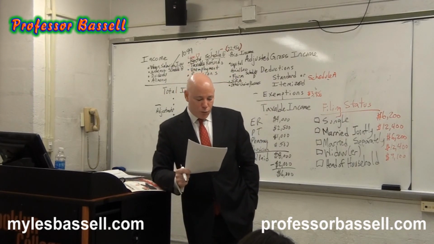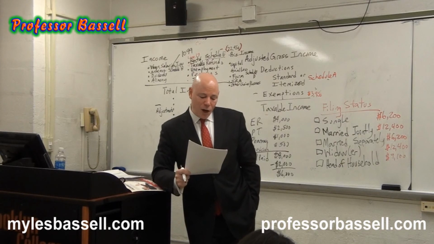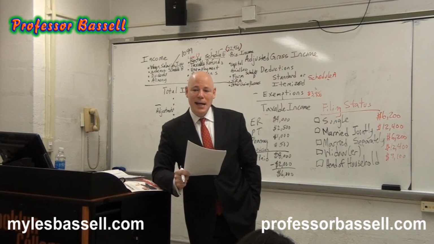We didn't pay any personal property tax, or we don't have any other taxes. So the total taxes we paid is how much? What are we going to put in line 9?